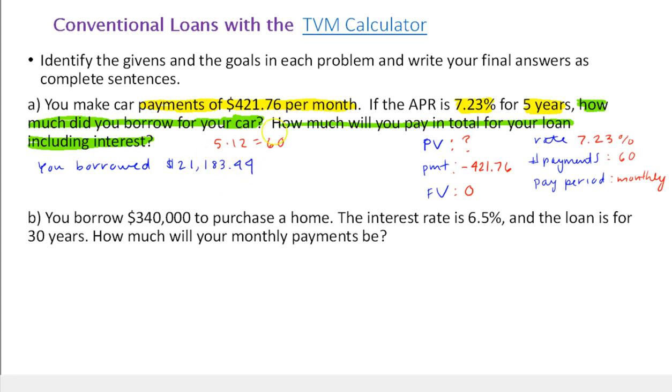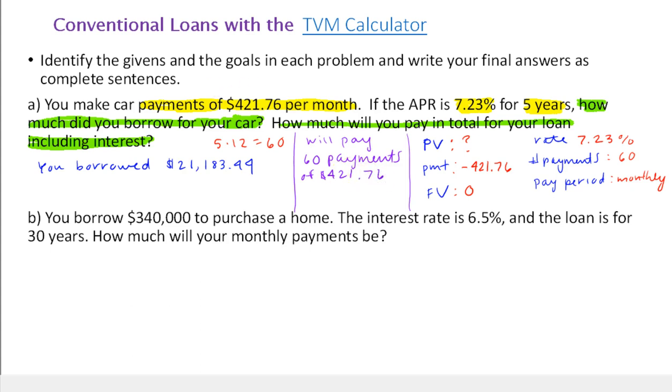What you end up paying is this monthly amount, and remember there was 60 payments. So let's compute this right in the middle here. You will pay 60 payments of $421.76.